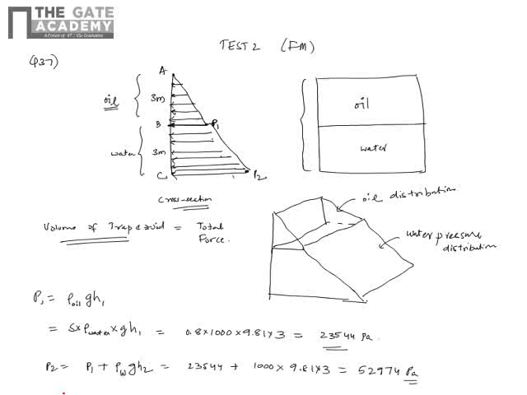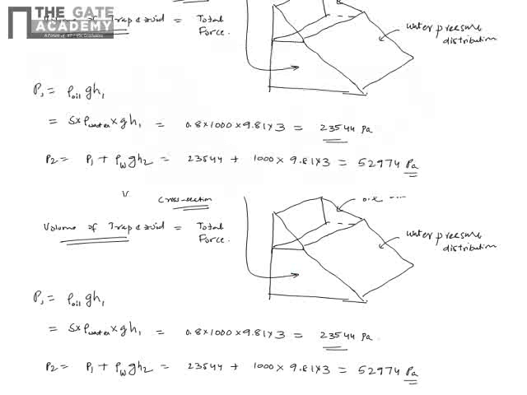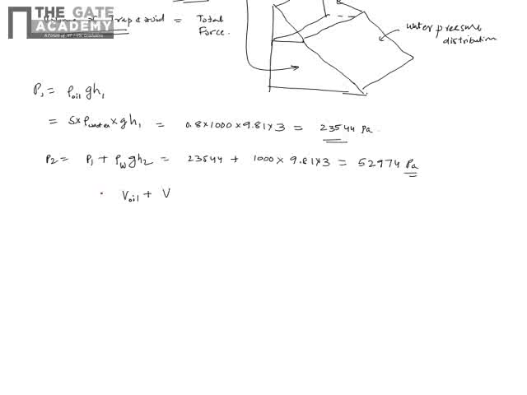Now this cross section is basically whatever I have drawn. So you need to find out the volume of the trapezoid because of the oil plus the volume of the trapezoid because of the water.